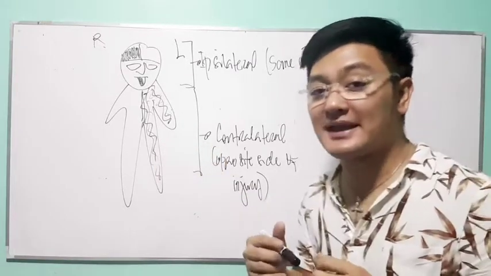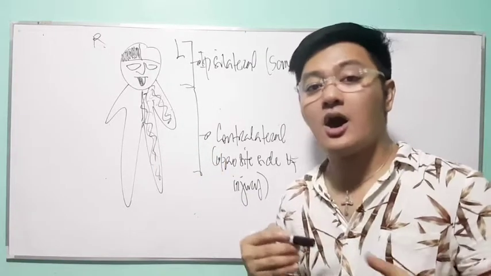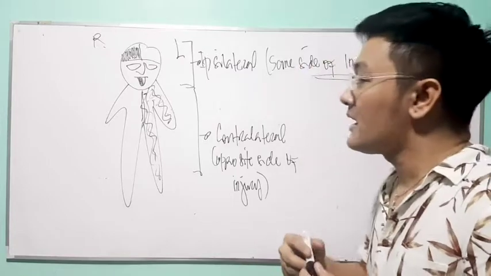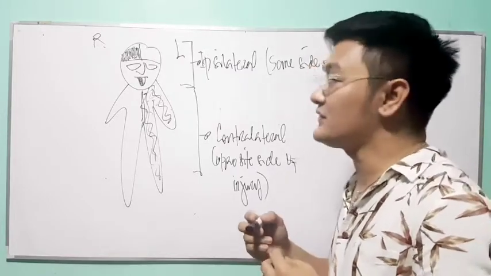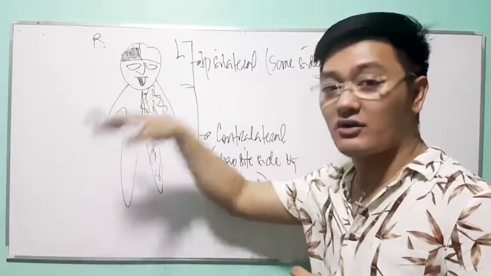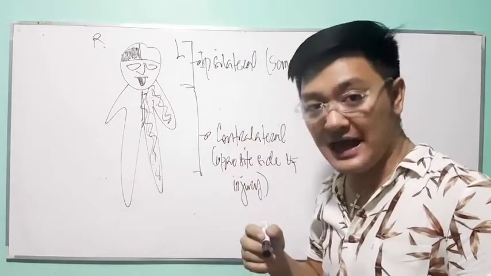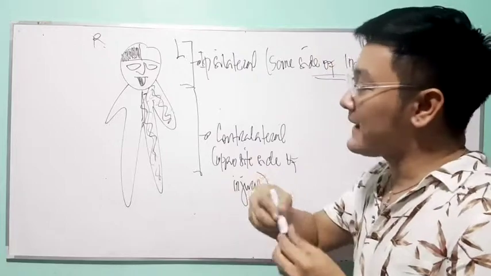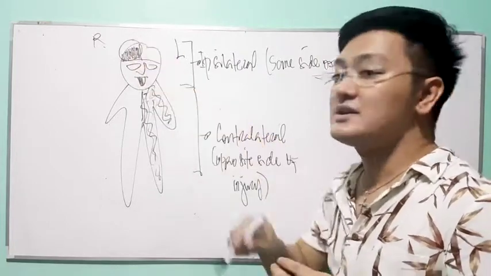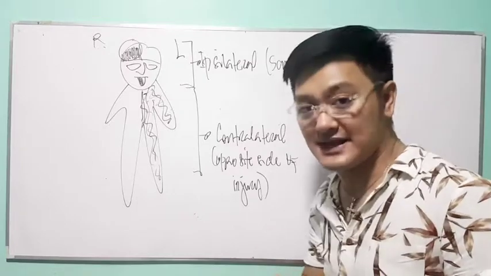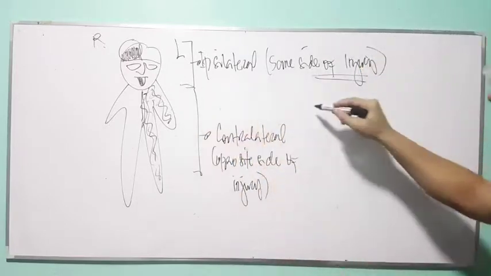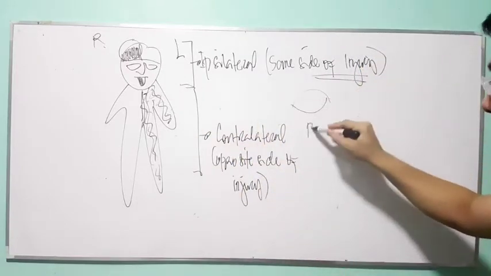Now, another thing. With respect to the blindness of the patient, remember we mentioned homonymous hemianopia. Now, homonymous hemianopia refers to blindness or visual field deficit of either right or left visual field of both eyes. Therefore, ang tanong, a patient with right hemispheric stroke, saan yung blindness ng patient? Is it on the right side or on the left side? Okay, let's make a drawing here. Let's say this is the right eye of the patient.